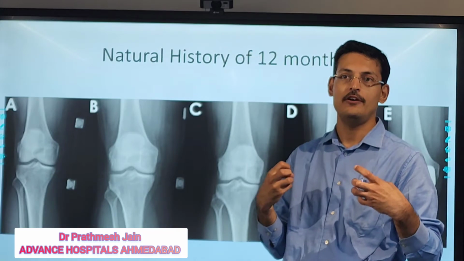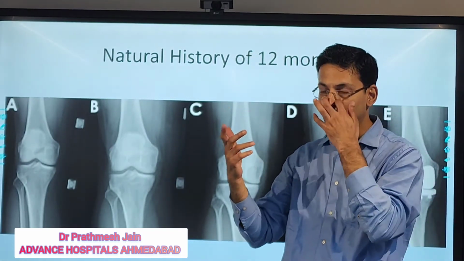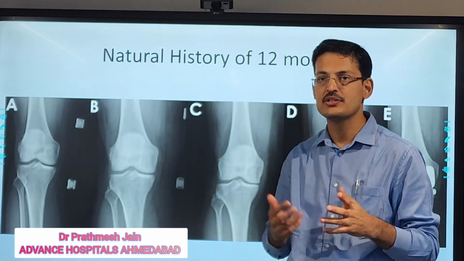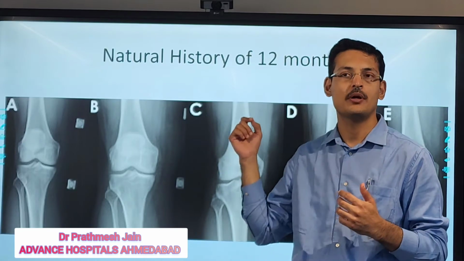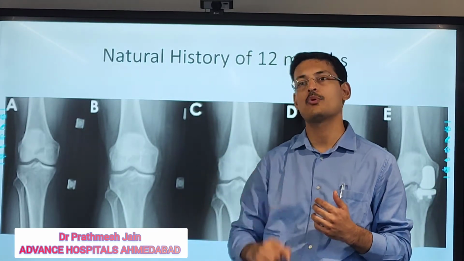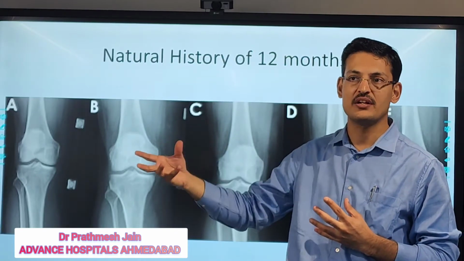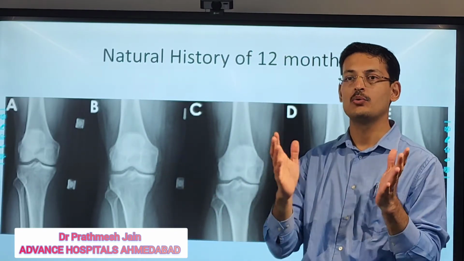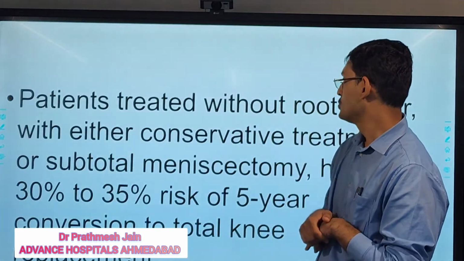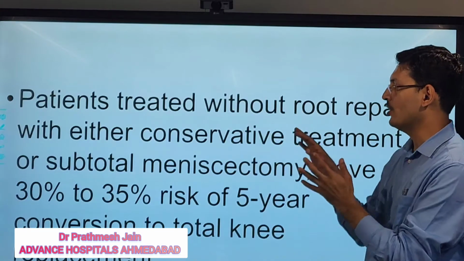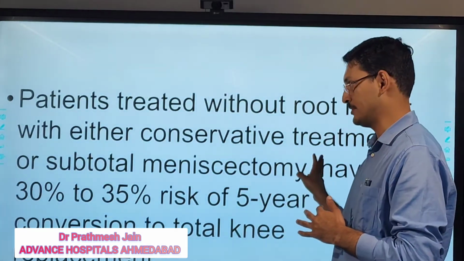So on a prognostic basis, if you see root tears in your patients and they are not addressed at a proper time, it is a poor prognostic factor for progression of osteoarthritis. These are the subgroup of patients who will progress faster in osteoarthritis as compared to routine degenerative arthritis without a root tear. Conservative treatment or meniscectomy usually carries a good risk of conversion to a total knee replacement.